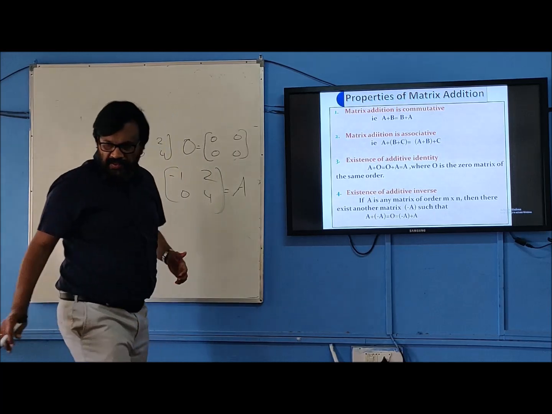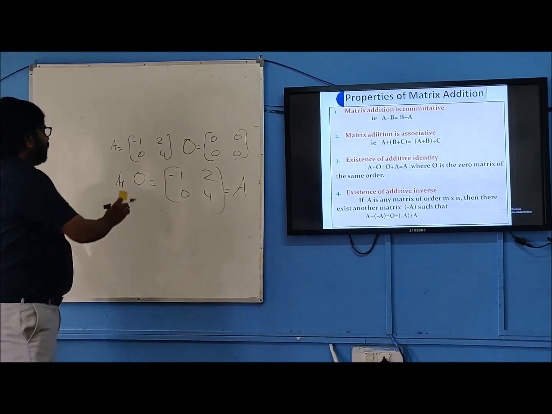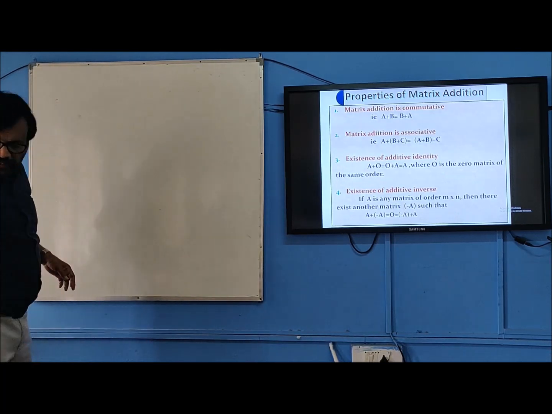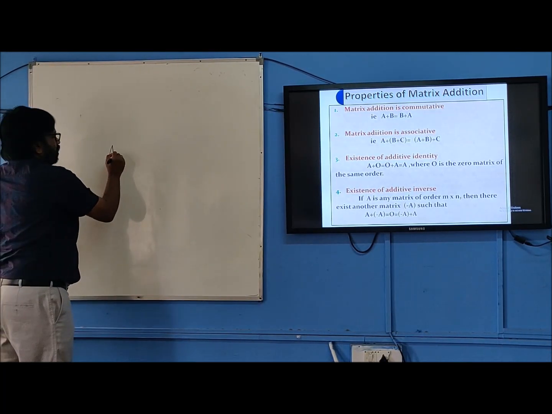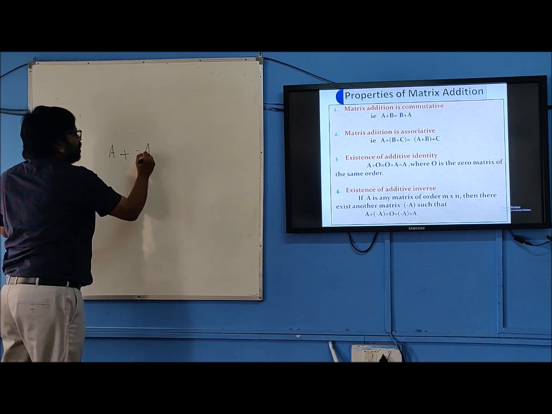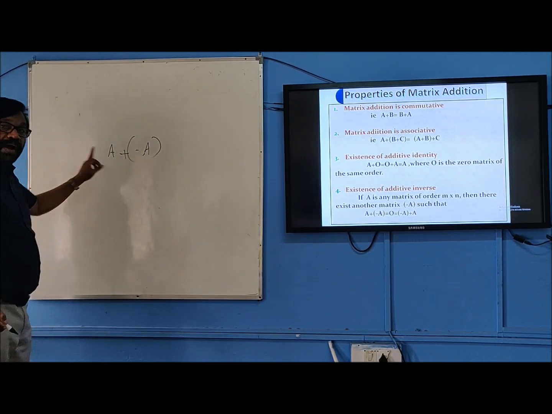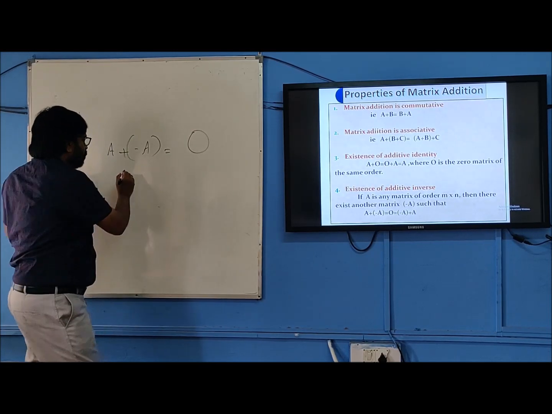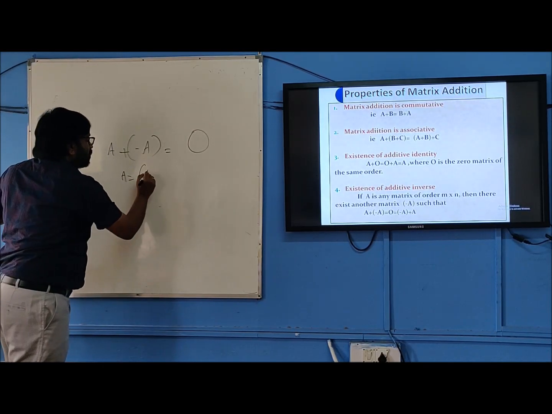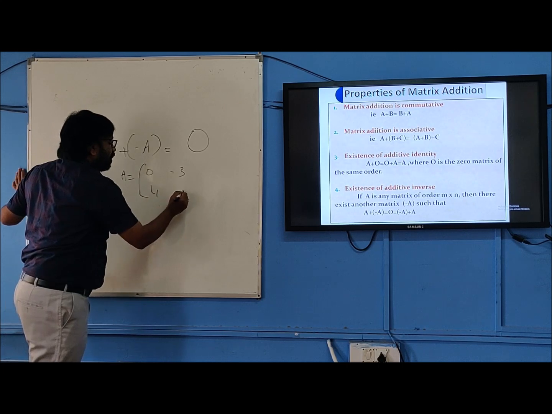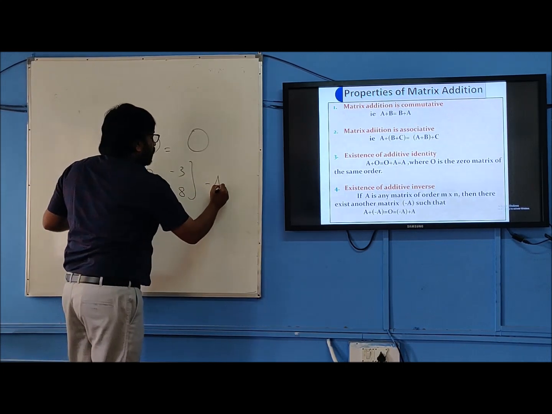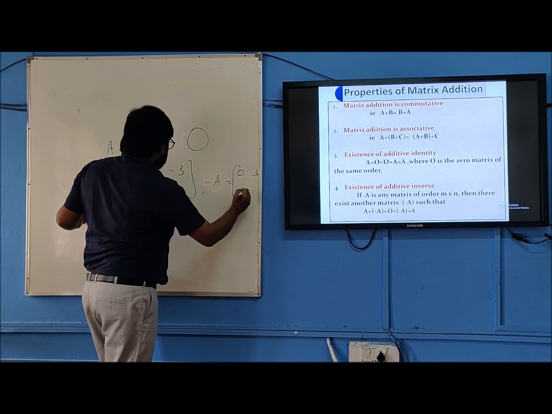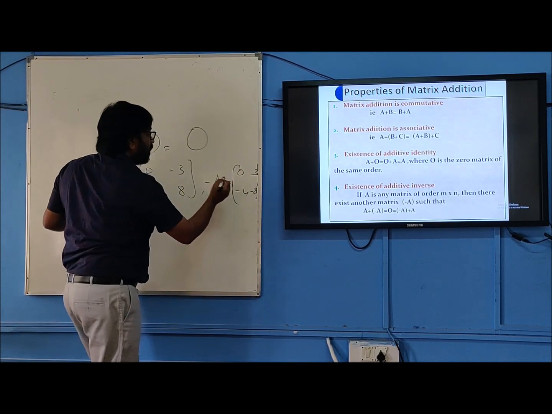Next, if you are finding any matrix, then if you are adding the corresponding negative of that matrix, we will get the 0 matrix. Suppose A is the matrix 0, minus 3, 4, 8. Then minus A is 0, 3, minus 4, minus 8. Then what is their sum?